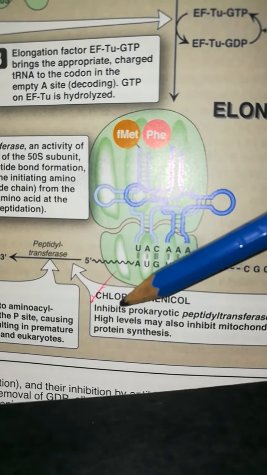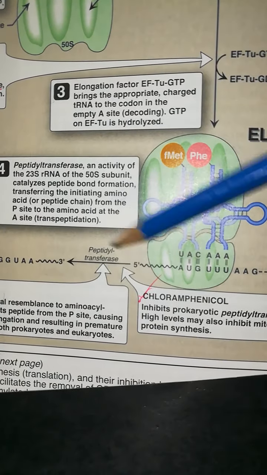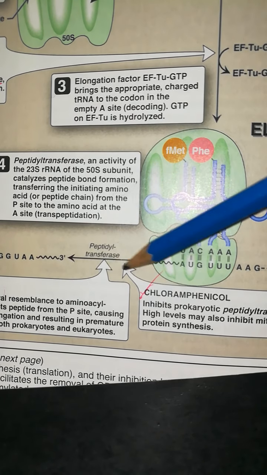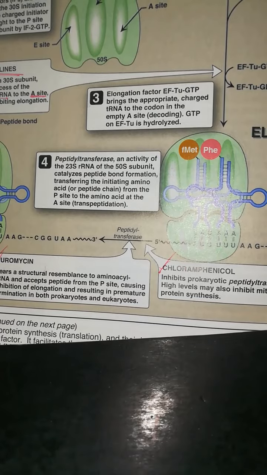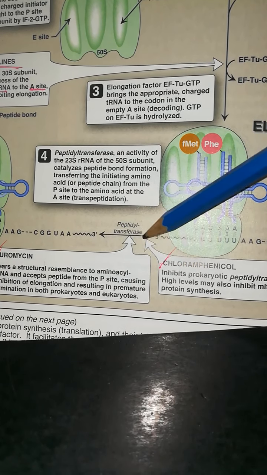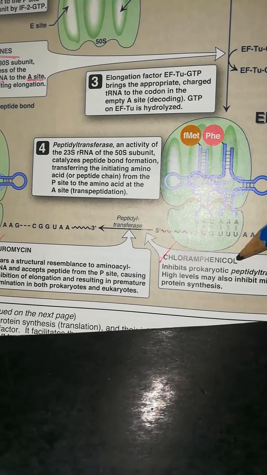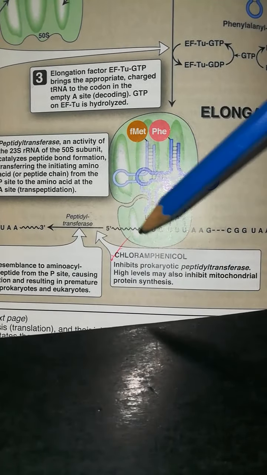There are some other antibiotics also, such as chloramphenicol. Chloramphenicol acts at the step where peptidyl transferase, or peptide bond formation, occurs by this enzyme. This step is inhibited by the chloramphenicol antibiotic within the bacteria.